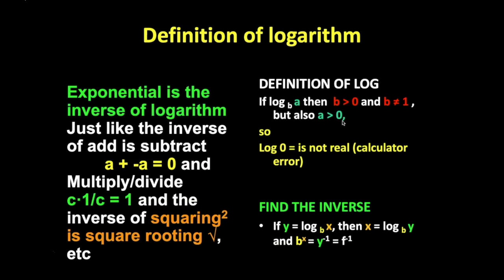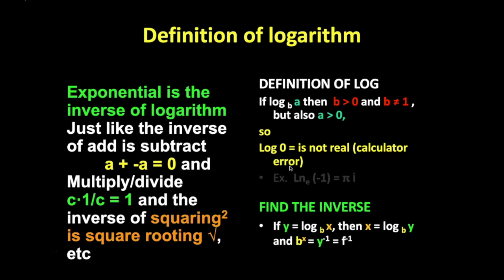So, if A is 0, and you look this up on a calculator, you would get an error message. The calculator would say error. That's good. You may not remember that, but at least it will tell you you didn't do anything wrong. You just found that it's not possible to do.